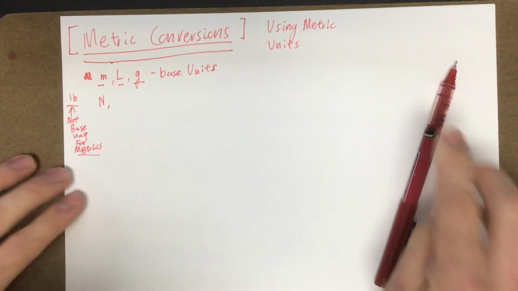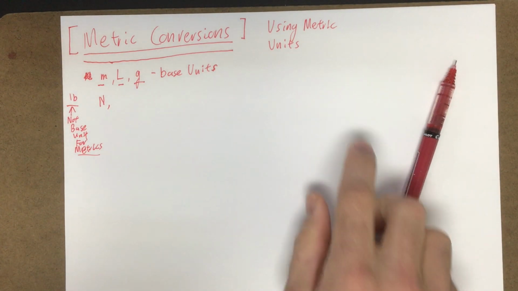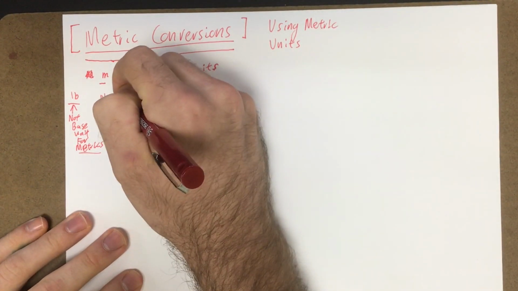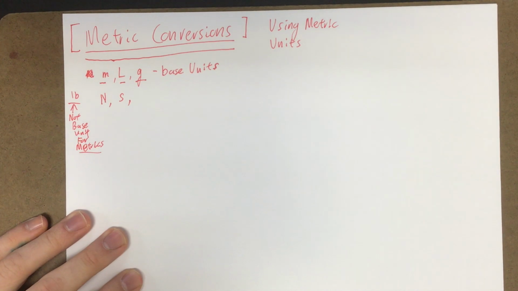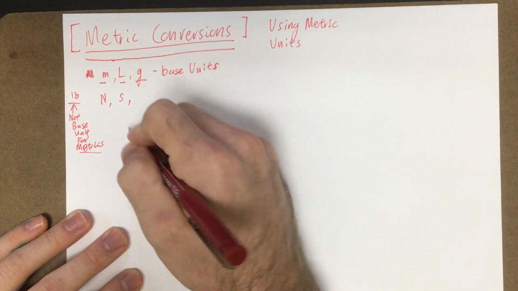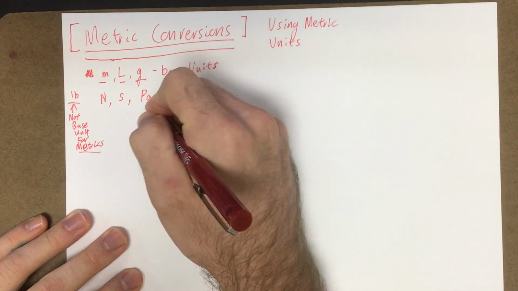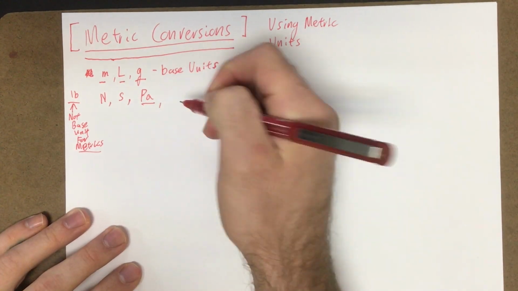Okay, so some other base units. We do have seconds. We can use seconds in metrics. We can also use the pascals. Okay, this is pressure. And we were not going to be doing too much of that in this class, but just know that.